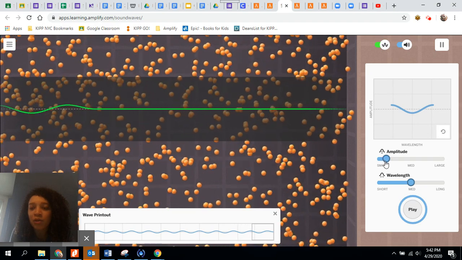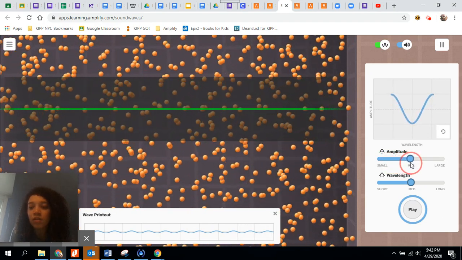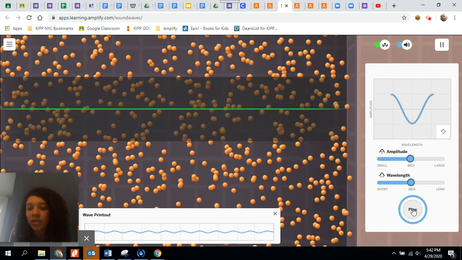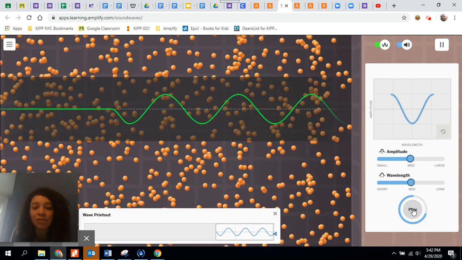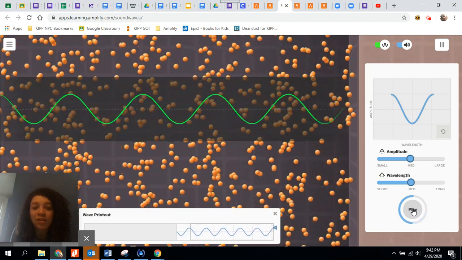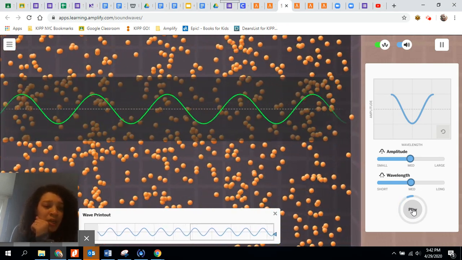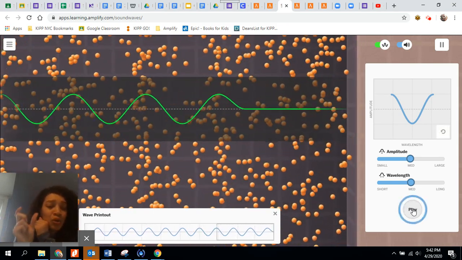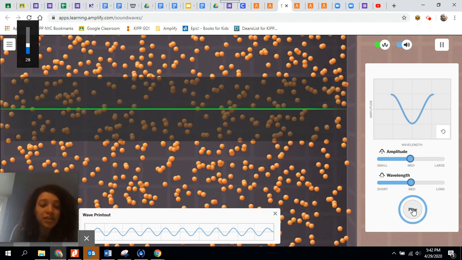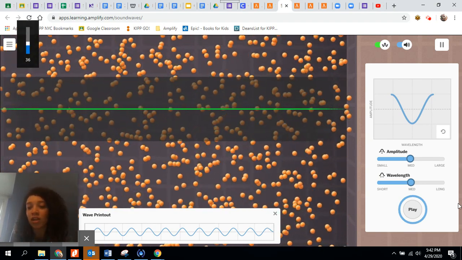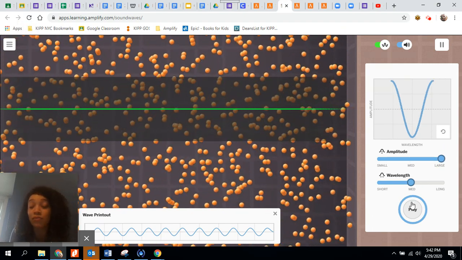Now, if it goes to medium and then we press play, it's getting a little bit louder and our waves are getting a little bit bigger as well. I'm thinking in my head, okay, I'm making that amplitude go a little bit bigger each time. I bet when I go larger, it's also going to change a little bit too. So let's see. It might be a little loud. I'm not sure.